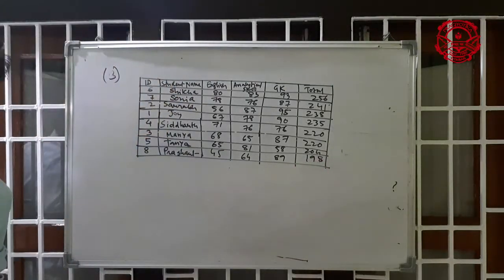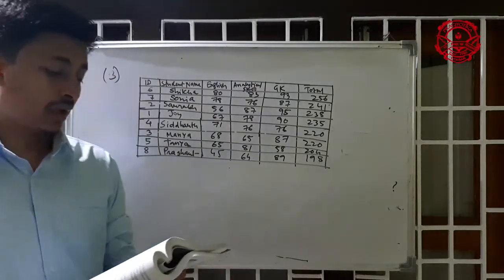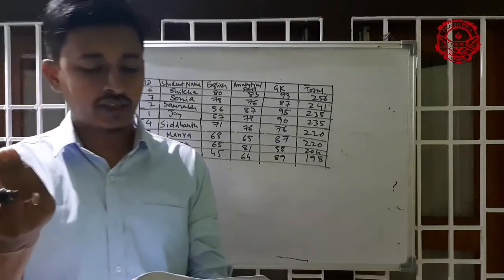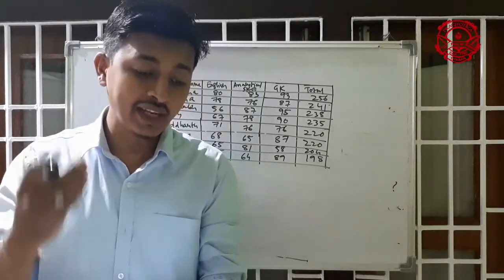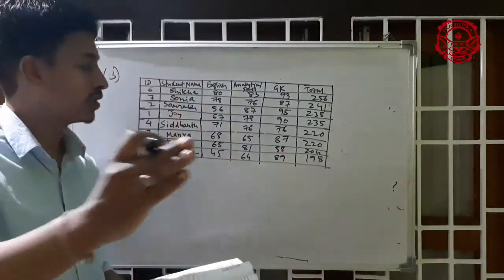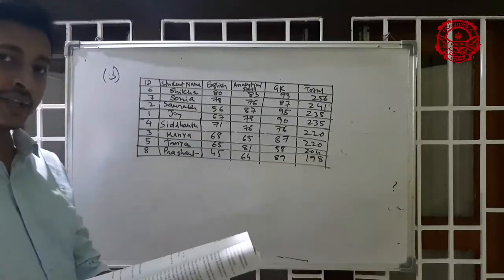So this is the table given in the book. A big table. Now the question is very simple. Which field of the table is sorted? It is not visible properly, so please see it in the book, page number 194.